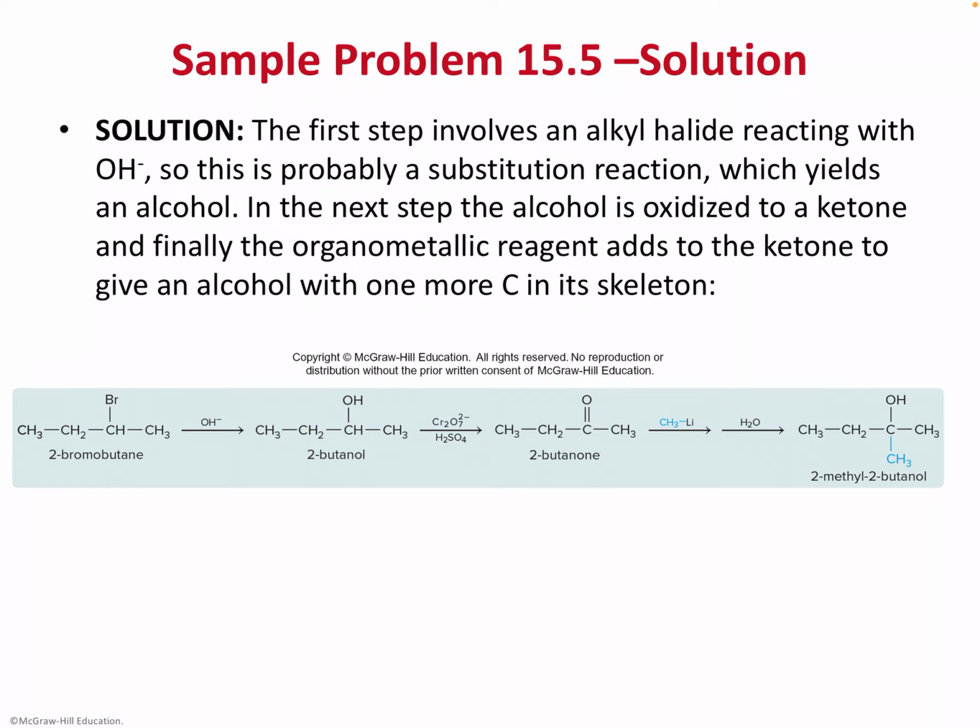So here is a haloalkane. The functional group became an alcohol, then a ketone, and then again an alcohol with one methyl group added. This is how we use organic chemistry and the reagents to make something we want from a small compound.